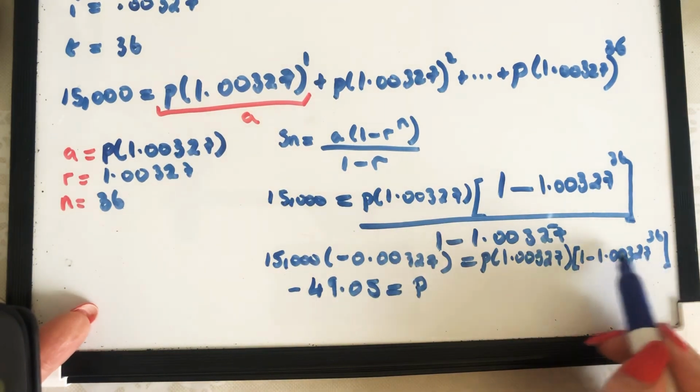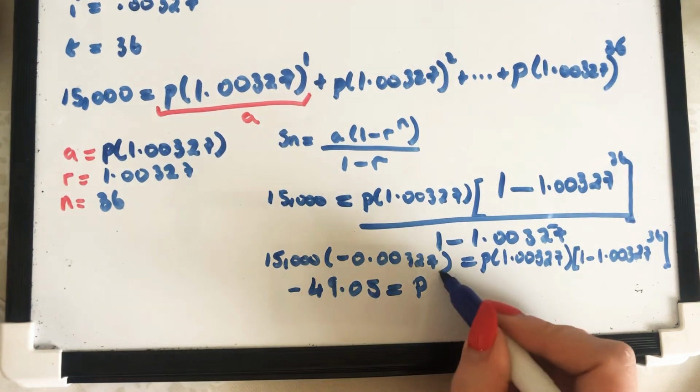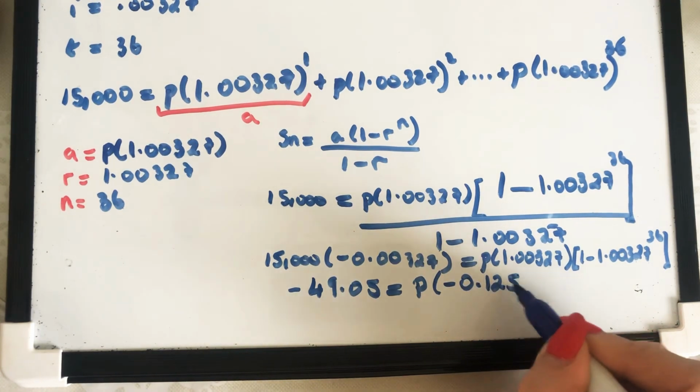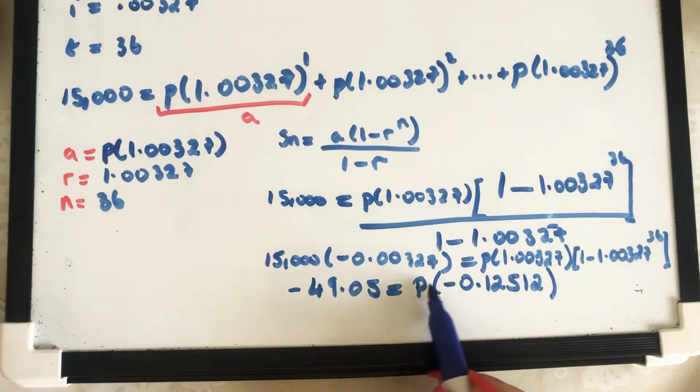And then let's put this in the calculator. But just be really careful when you put that in the calculator. Please make sure you put brackets exactly how you see it in the question. Typing it in here, and we get out another negative, so we get minus 0.12512. And now we're going to get a value for the P by dividing this over here.